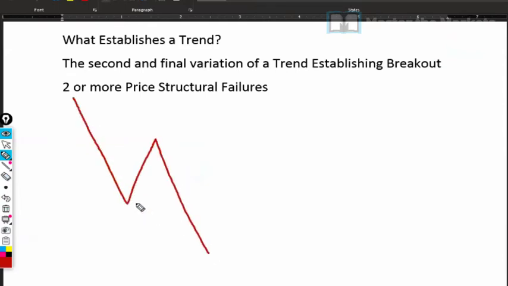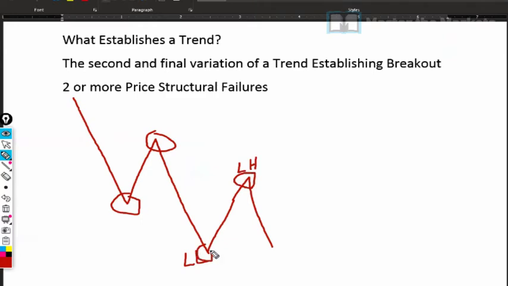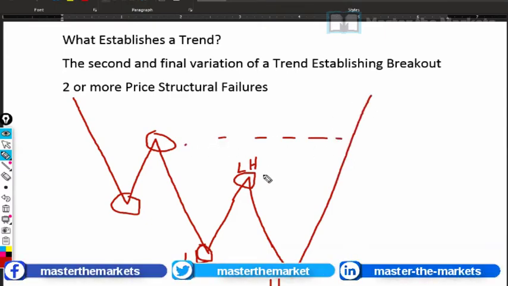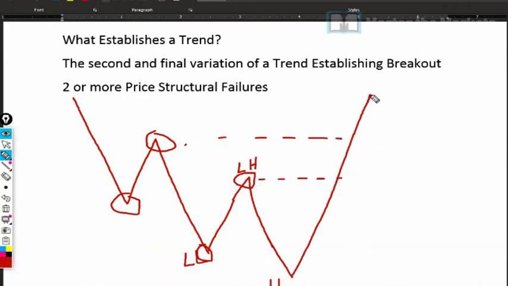So we have a swing low, swing high, a lower low, a lower high, and we have, again, another lower low, and this time we take out the previous two swing highs, but immediately after, we establish the trend by taking out the previous two swing lows, continuing in the established trend to the downside.